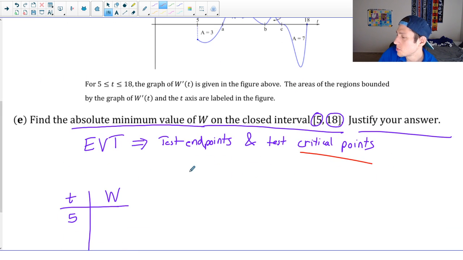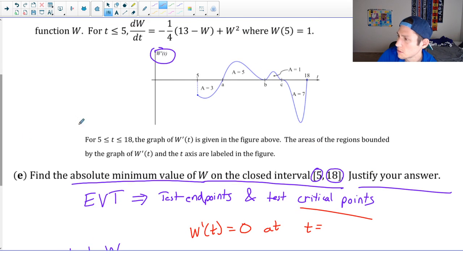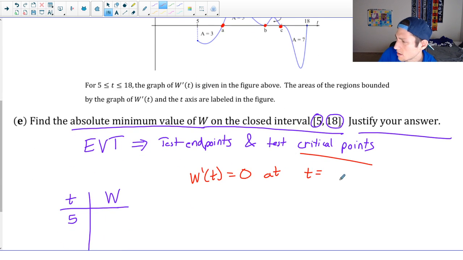How do we find the critical points? That will be where the derivative is equal to 0. So where is the derivative equal to 0? Well, we have options. We have a graph of W prime, so A, B, and C. I'm going to write A, B, and C here, but I'm going to make some changes.